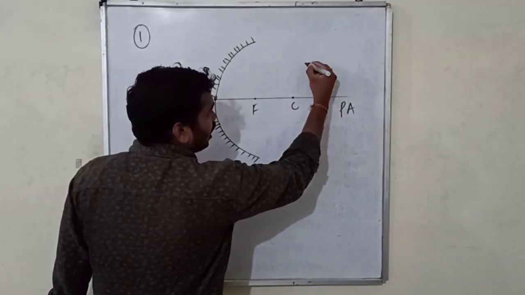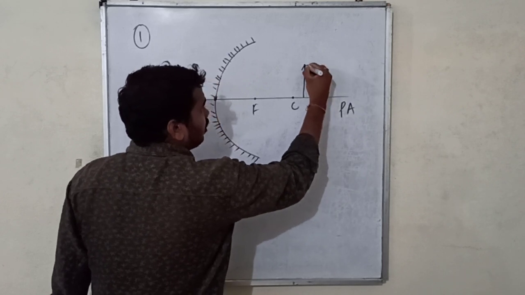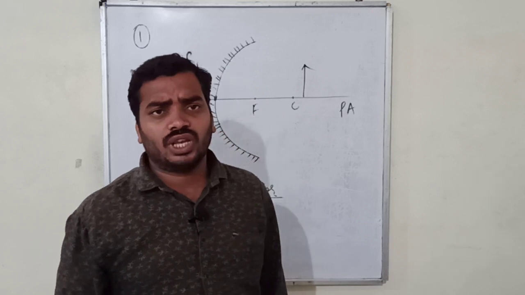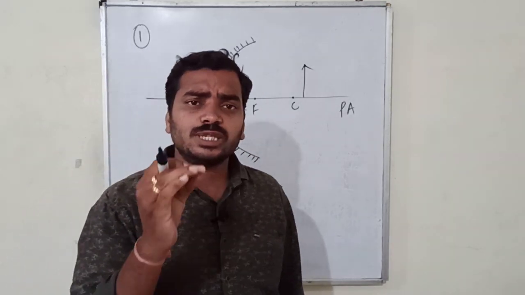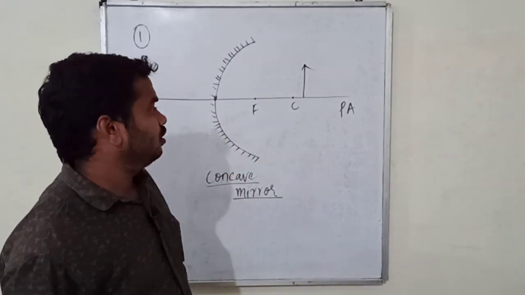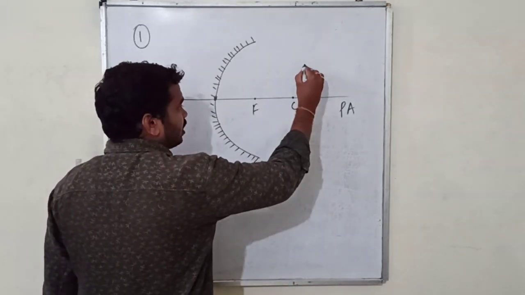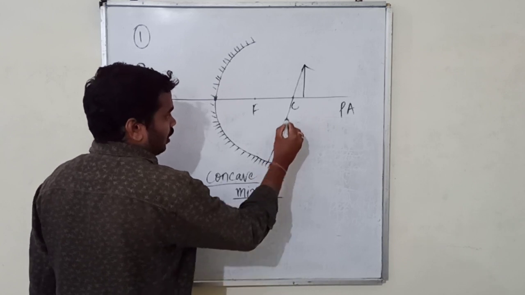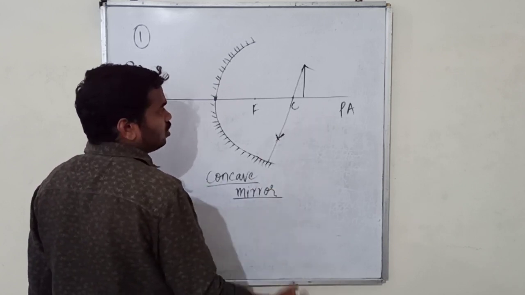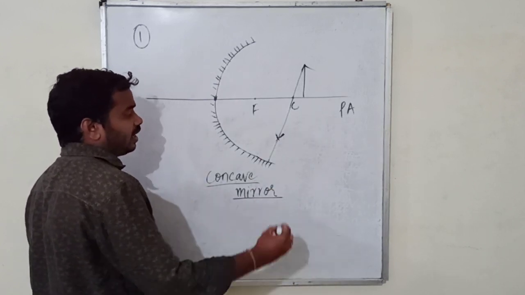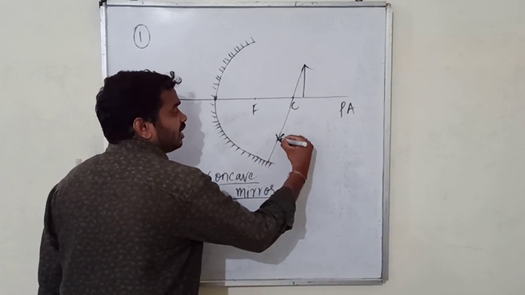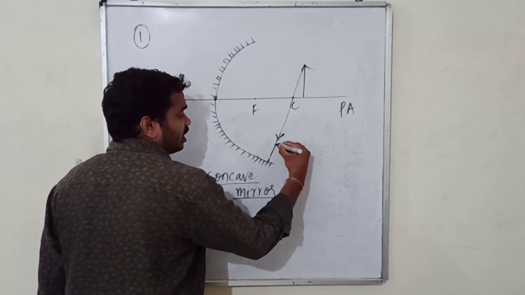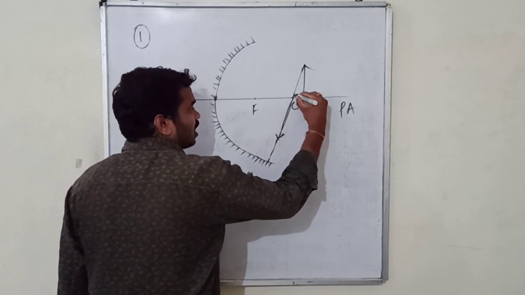Here I am considering an object. As I told you, if the incident ray is passing through the center, let me extend this mirror. Okay, so it is passing through the center, then the reflected ray retraces the same path, which means it will follow the same path in the direction from which the incident ray has come.